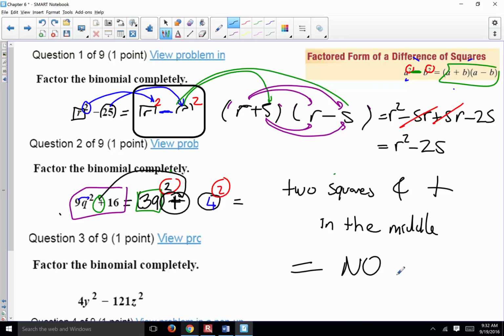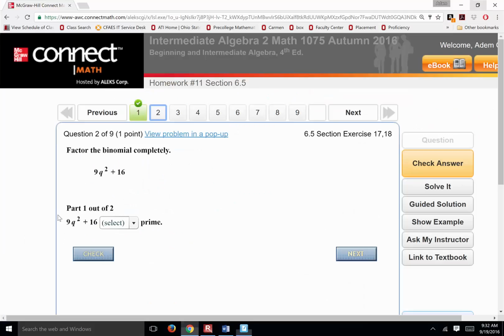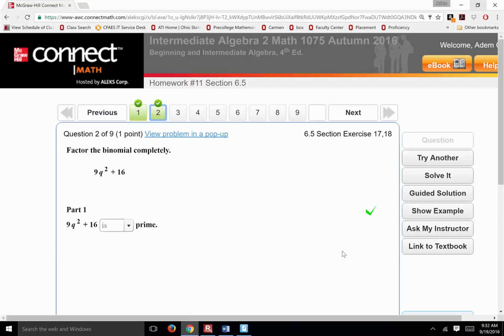No solution, no factoring, which means we call it a prime polynomial. This binomial is prime. It is prime. You go to the next question. Okay, so some questions are cheating, kind of tricky.